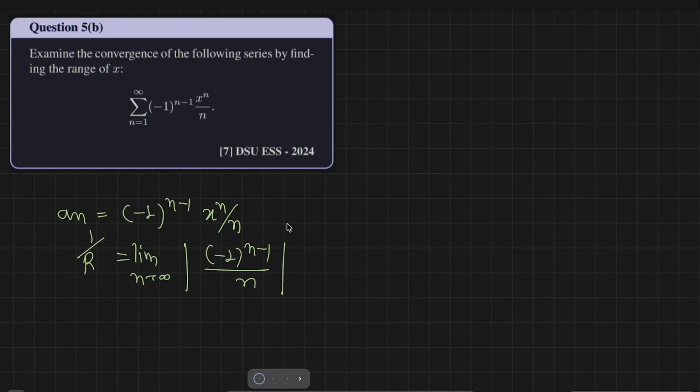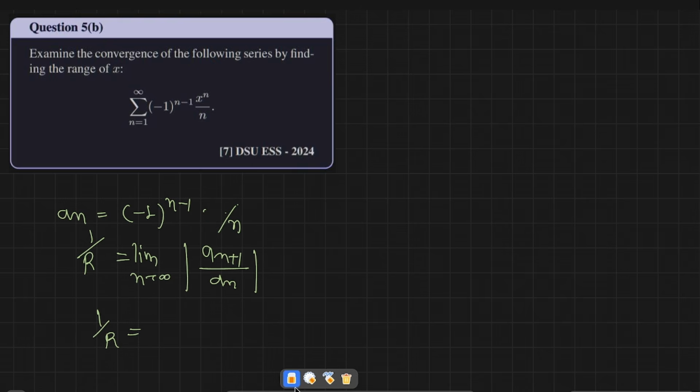So when you take this, you can apply the D'Alembert formula, a n plus 1 upon a n, which is 1 by r. So you take an as this one, removing x n from here, or this is your series, let's say un, you take only this part as an. So this is the limit as n tends to infinity, and of course it is negative, but once it comes in the mod, it will be positive, so no need to write it.